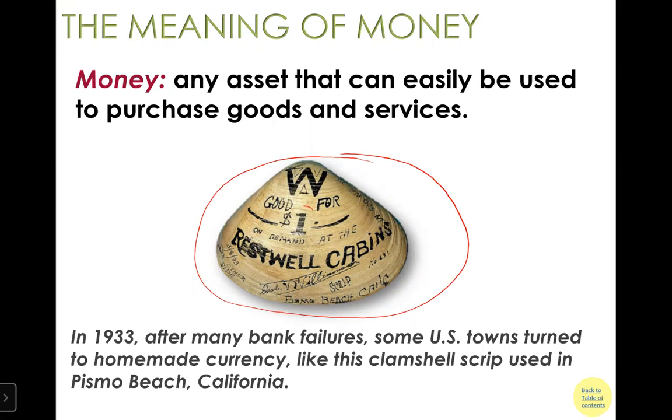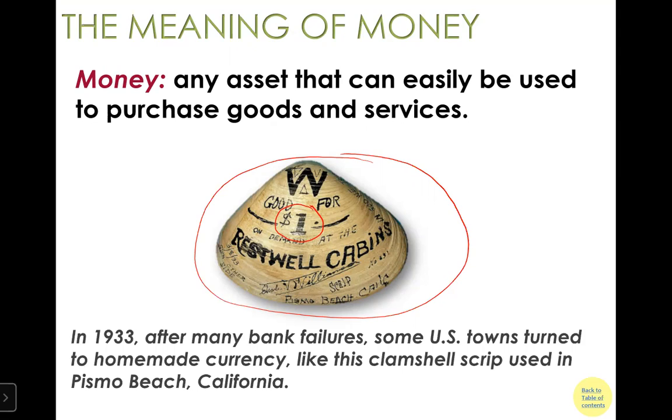So it means this has $1 value. This is equivalent to a $1 bill, right? So if we look at the definition of money, essentially these clamshells are assets, and they can be used to purchase goods and services, maybe in a very specific location.